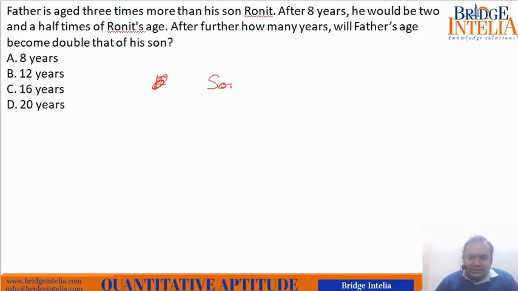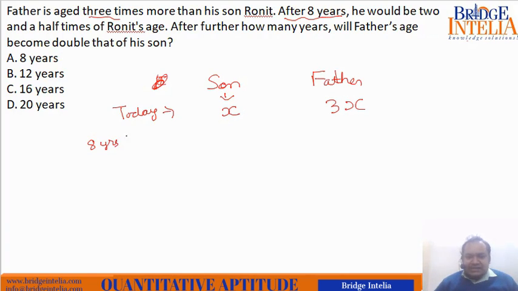So as per the data, as of today, father is 3 times the age of his son. Let's suppose the son's age to be equal to X years, then father's age can be said to be equal to 3X. After 8 years, what is being said?